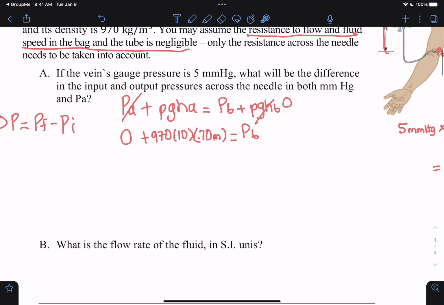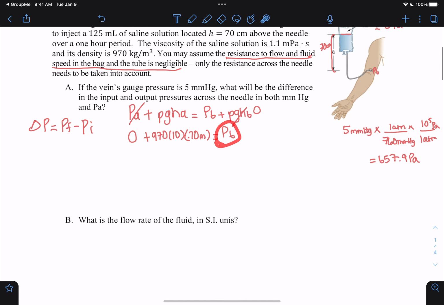And we have this as our initial pressure that we want to figure out. This 5 millimeters of mercury, the 657.9 pascals, is our final pressure. So delta P is equal to PF minus PI. This PI is going to be the PB that we're looking for here at the vein.